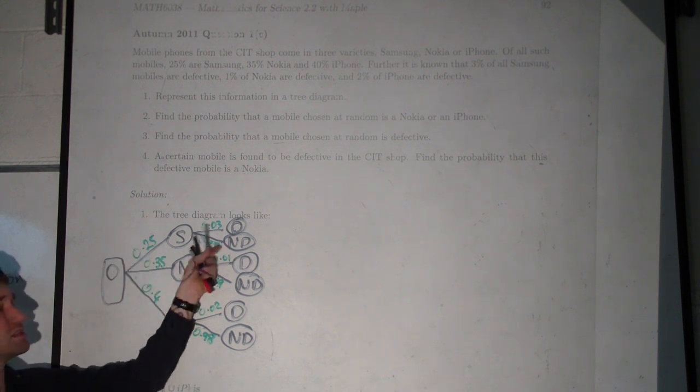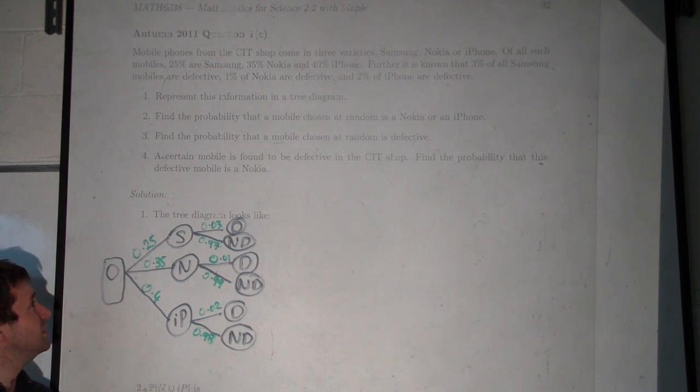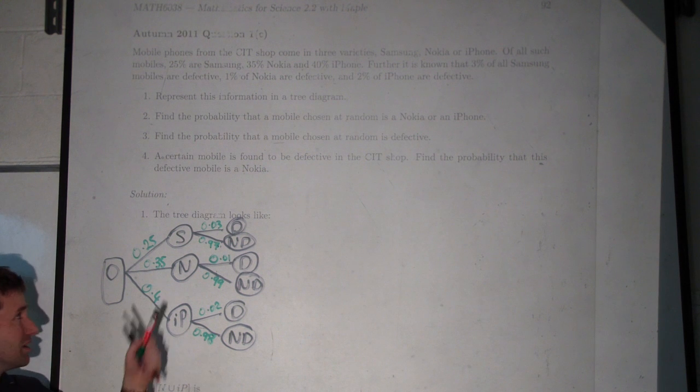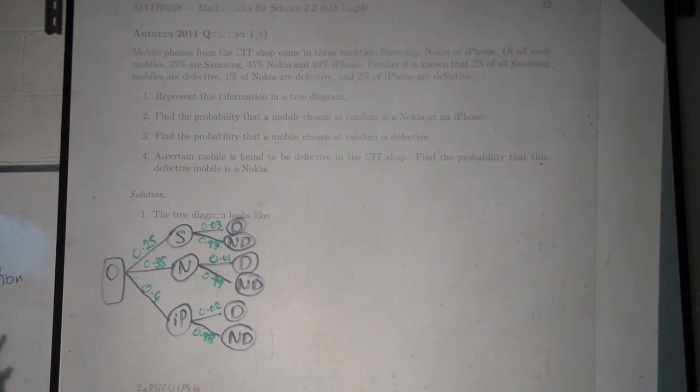If I did 25% and 3%, this probability would be 75% squared, which is a mess. So I want it like that. Okay, but they are the same. I wouldn't put the percent, unless you write the percent but then multiply them properly like this.